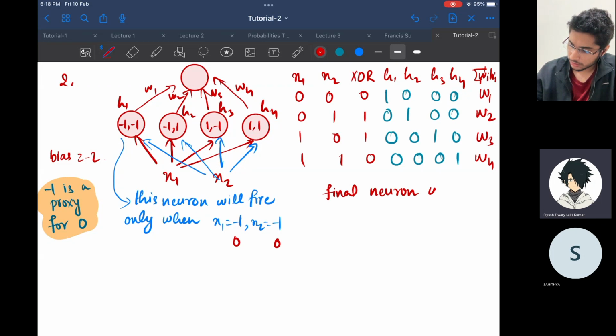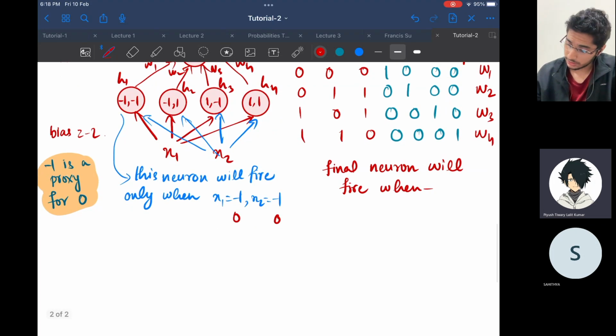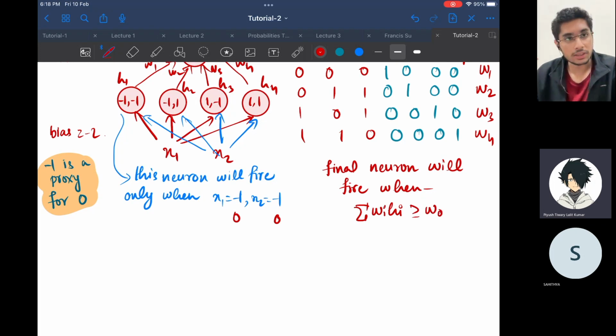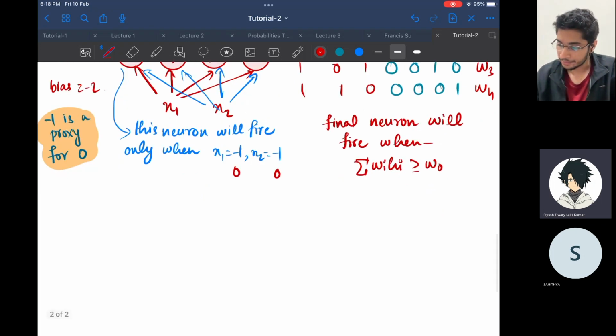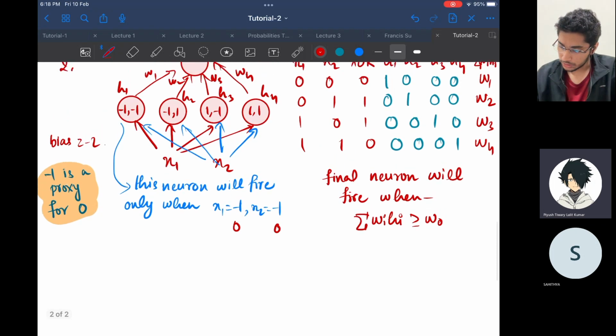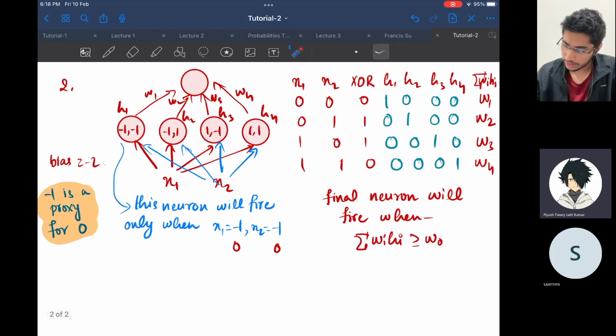So when will it fire? You have the condition that the summation of wi hi should be greater than or equal to w0. Here w0 is a bias term that you will decide depending on which function you are trying to approximate. And so we see that the XOR operation here is in these two conditions are 0.